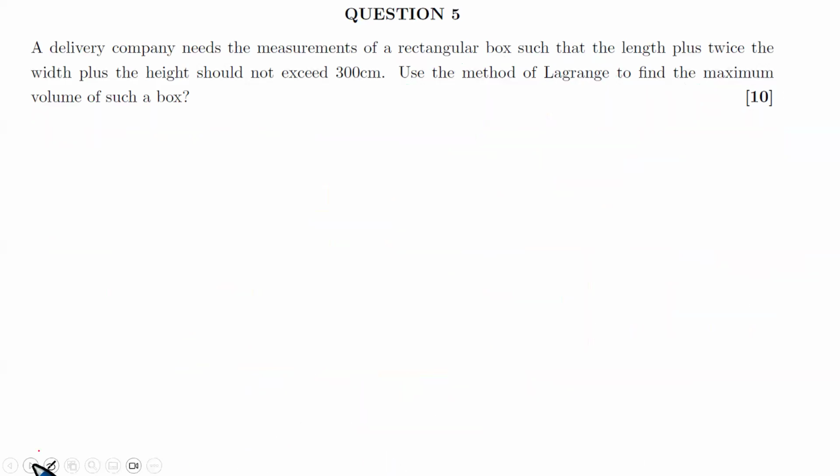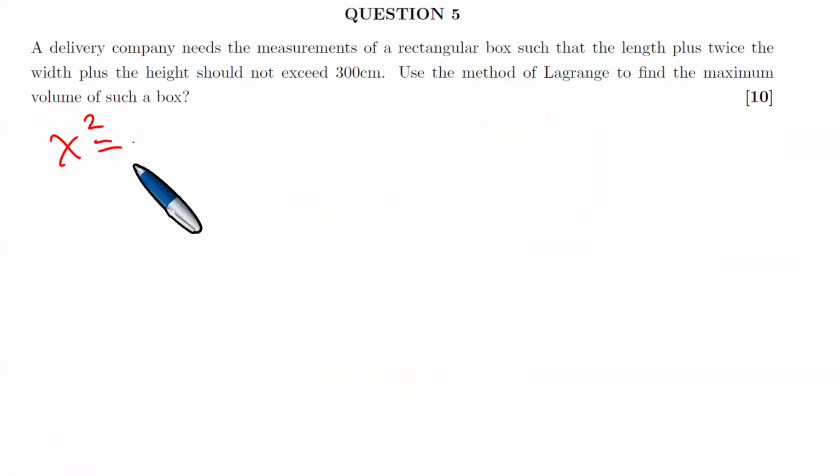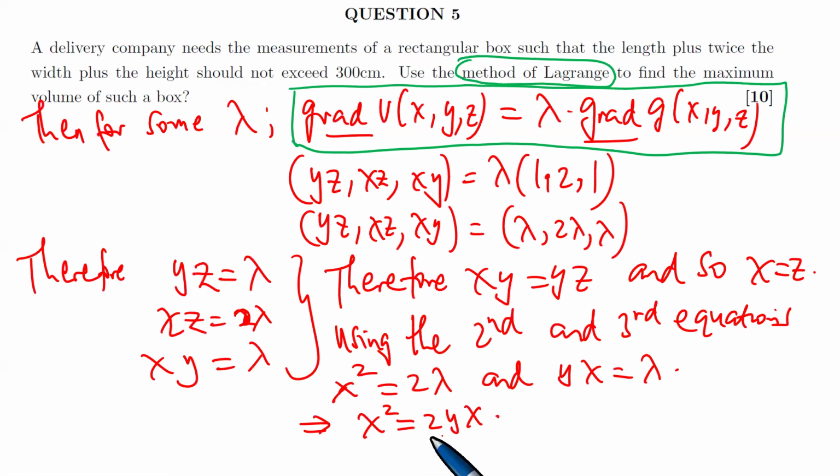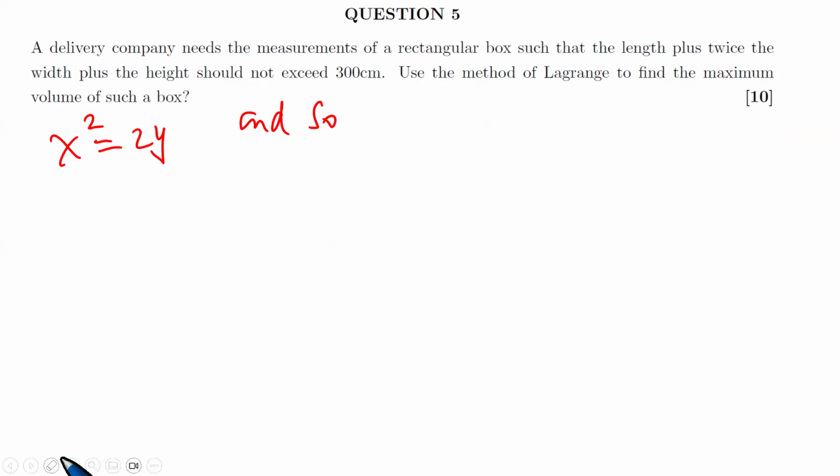And so what is this? If x squared equals 2yx, right? And so we can manipulate. I need to write the property here, 2yx.